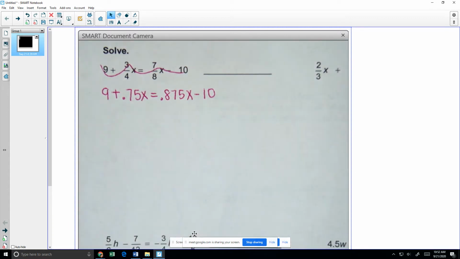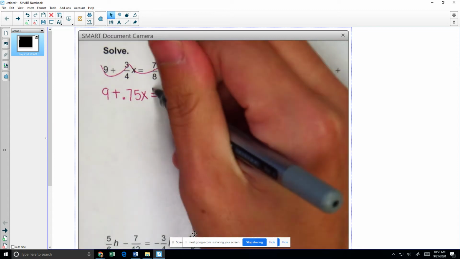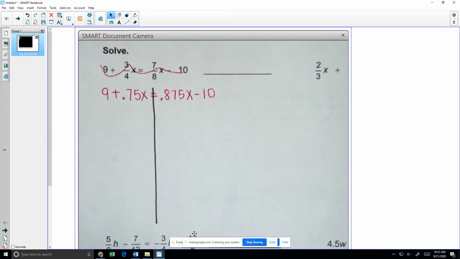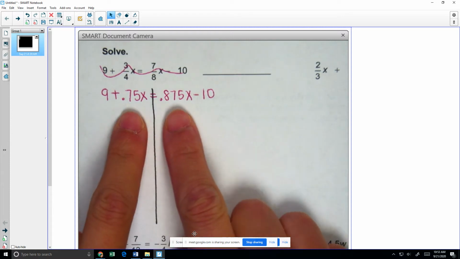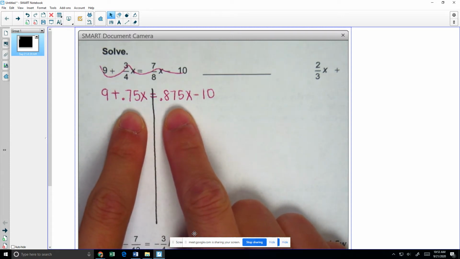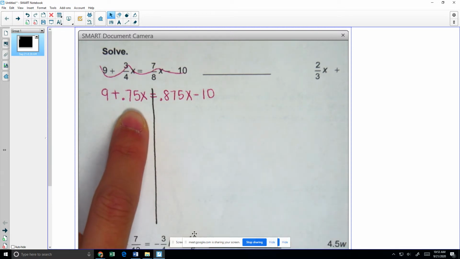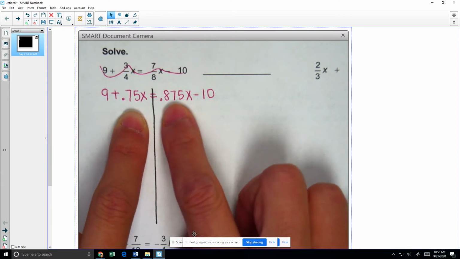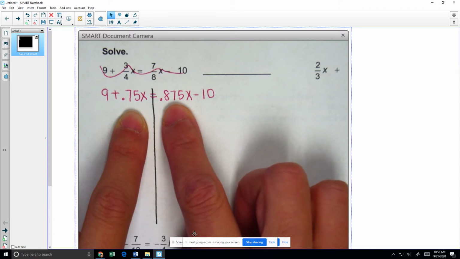Here's my new problem. I'm going to draw my line. Okay, I'm going to move, was it the bigger x or the smaller x? Brooke? Smaller. Good job, Brooke. So I'm going to move my smaller x. So I have 0.75 or 0.875.